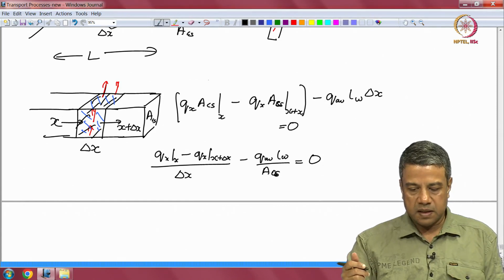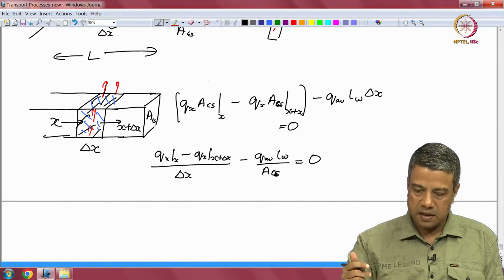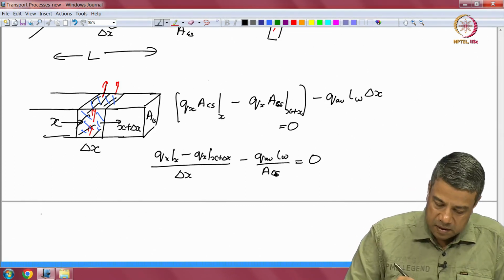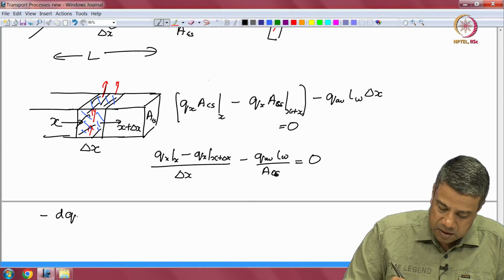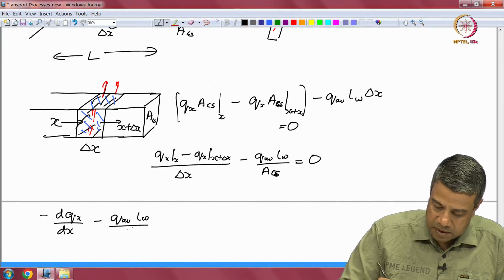Take the limit as delta x goes to 0. qx at x minus qx at x plus delta x by delta x is minus the derivative, minus dqx by dx, minus q average LW by ACS.